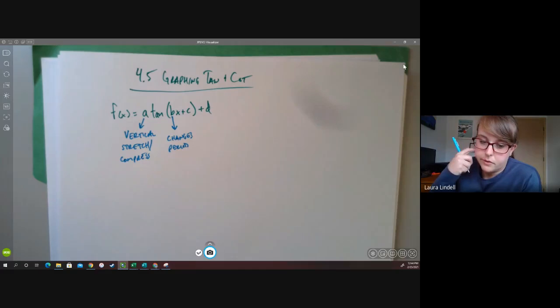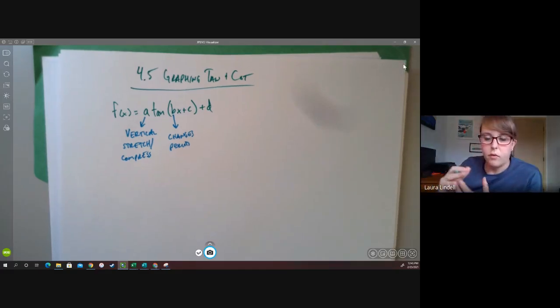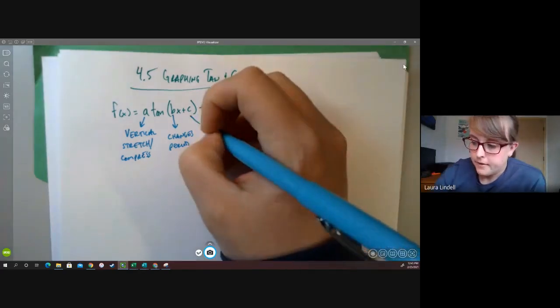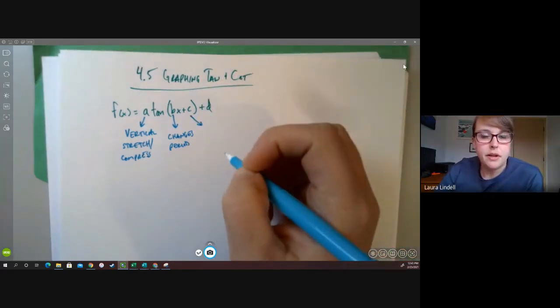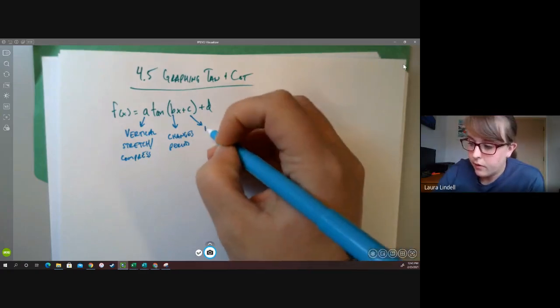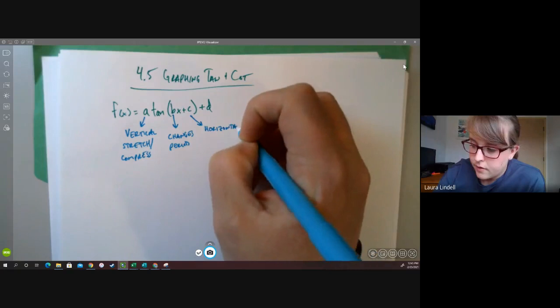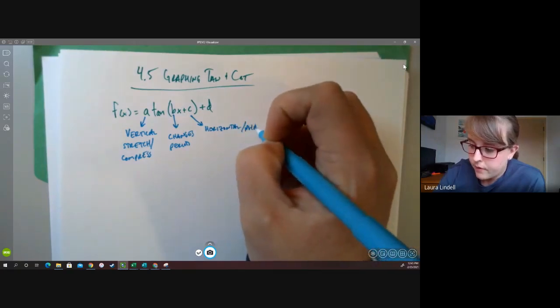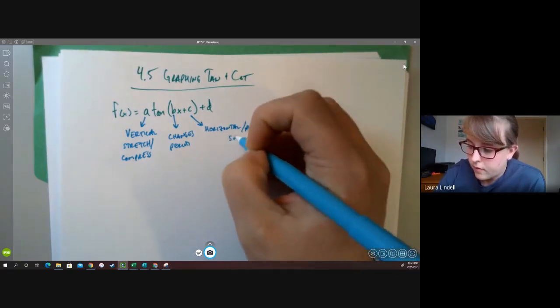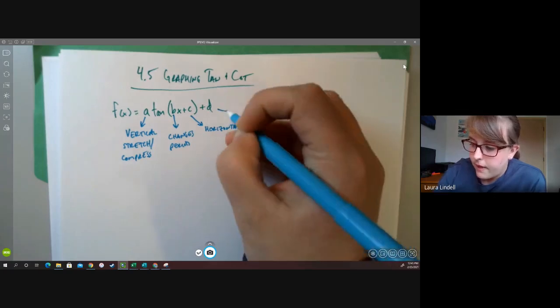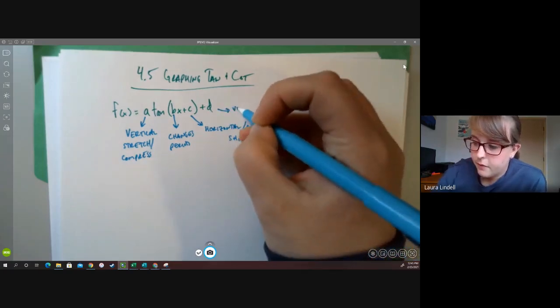You can also think of that as horizontal stretch and compression, as we talked about yesterday. And then C is the horizontal or phase shift, and D is the vertical shift.